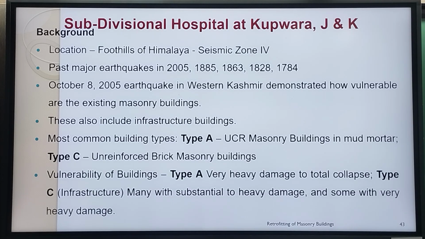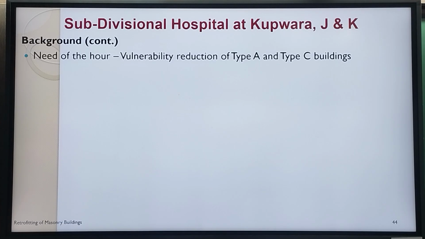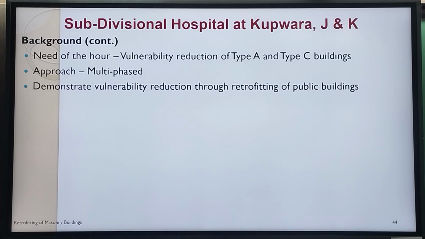Vulnerability, type A, it would suffer very heavy damage due to total collapse, and type C with many substantial heavy damage and some with very heavy damage. And that was the scene. Then in 2005, the need of the hour was the vulnerability reduction of type A buildings as well as type C buildings. It was multi-phase basically to demonstrate vulnerability reduction through retrofitting of public buildings.